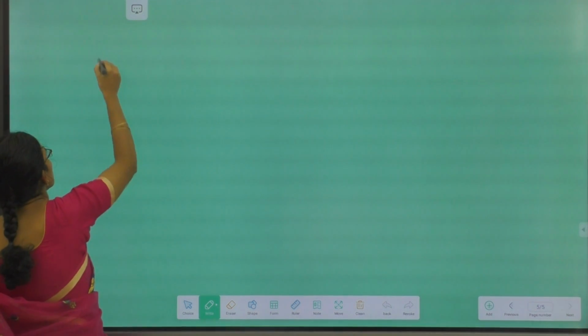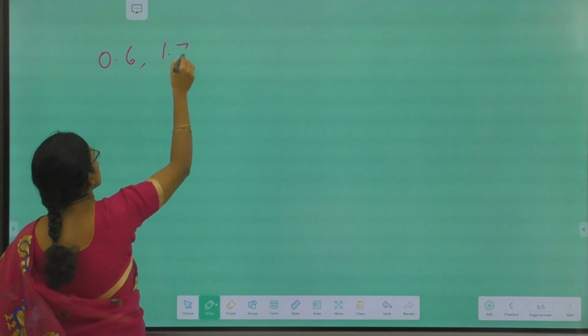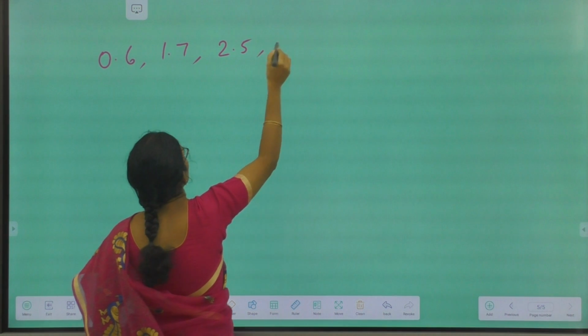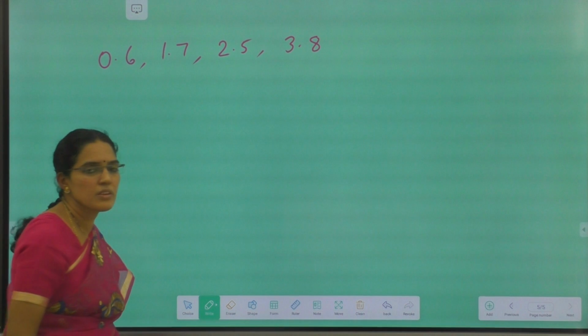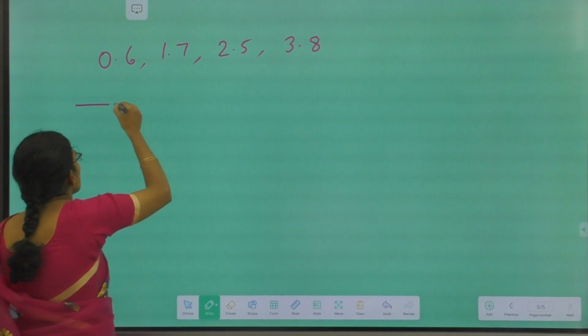For example, 0.6, 1.7, 2.5, 3.8. Let's see how to mark these decimals on the number line. First I am drawing a number line.